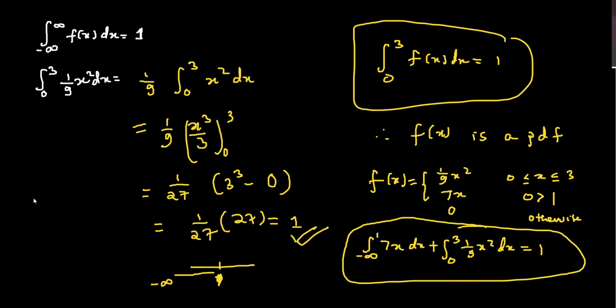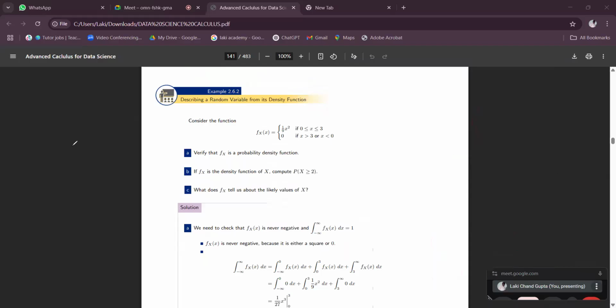Now if f(x) is a PDF, find the value of the probability that x is greater than 2. You have already verified that this is a PDF. If it is not a PDF, then you cannot find the probability.